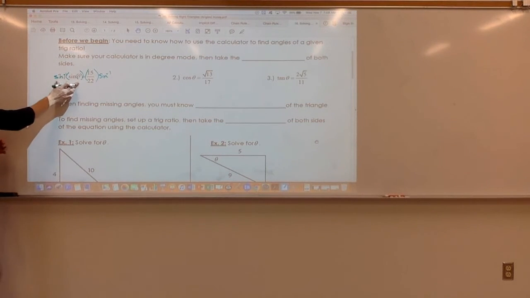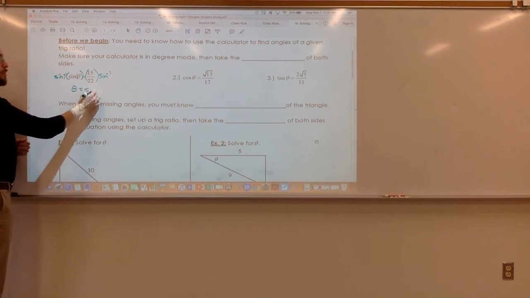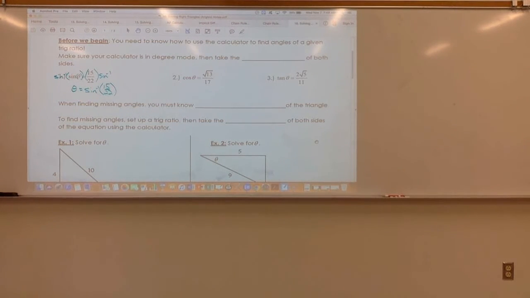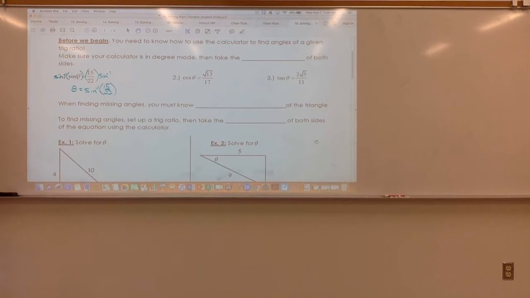So what happens here? The inverse sine of sine cancels out, and we just end up with theta equals the inverse sine of 15 over 22. When I take the inverse sine of both sides of the equation, sine and inverse sine cancel out, and that's how I get theta by itself.